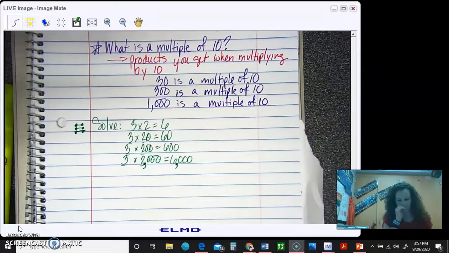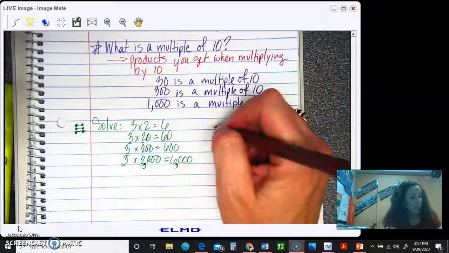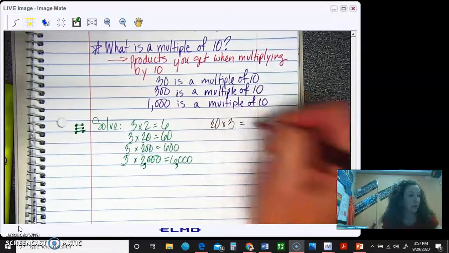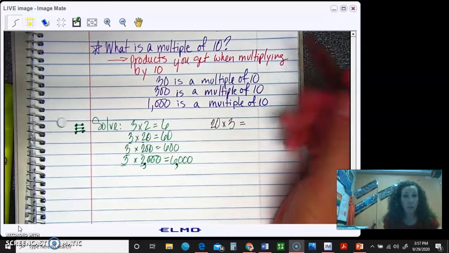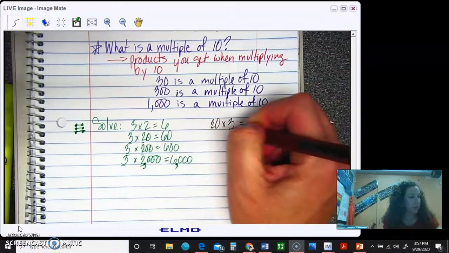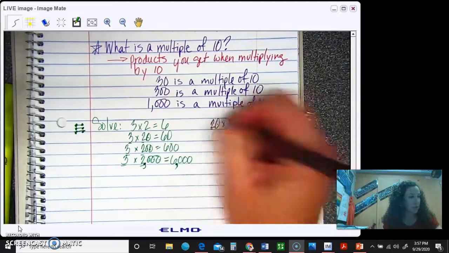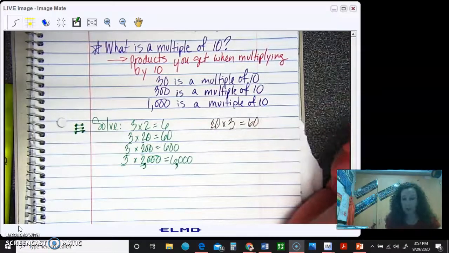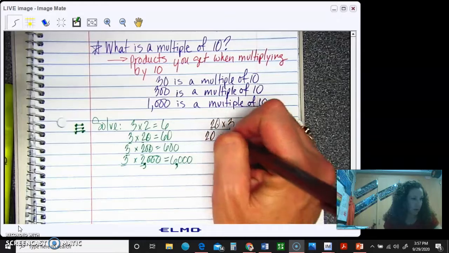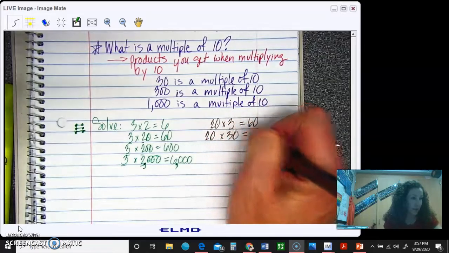Okay, so I'm going to pick up another one. Okay, so we're going to have 20 times 3. Should look familiar. Right there, right? So again, we have 2 times 3 is 6. With 1 zero, we pop it on the end. Now, we're going to take that and expand it.